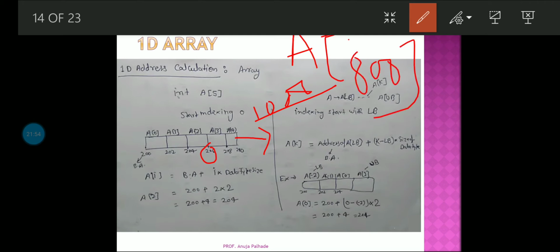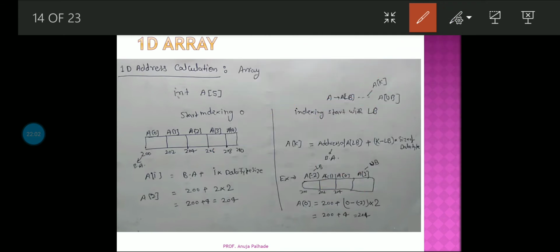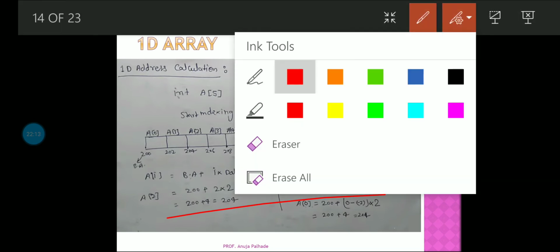How are you going to find the base address of this array cell? For that, address calculation is very important, and I hope you understood what I am trying to teach you.